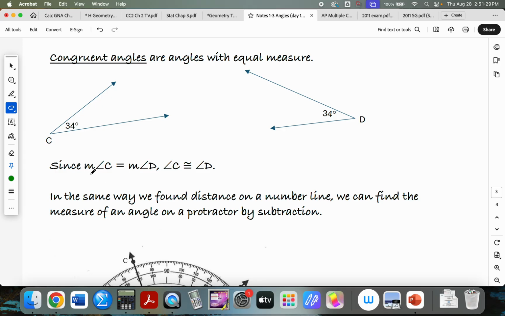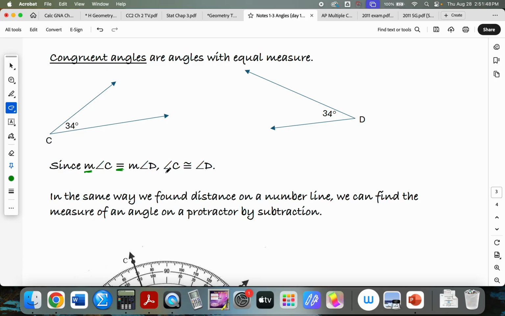So here, since the measure of angle C is equal to the measure of angle D, angle C is congruent to angle D. Notice that when you have measure, that goes with equal.